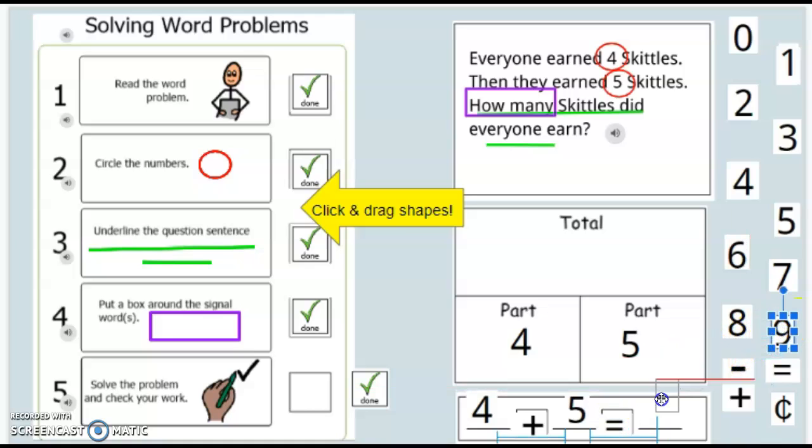Our total is 9. So the answer to our problem is 4 plus 5 equals 9. Our answer is everyone earned 9 Skittles.